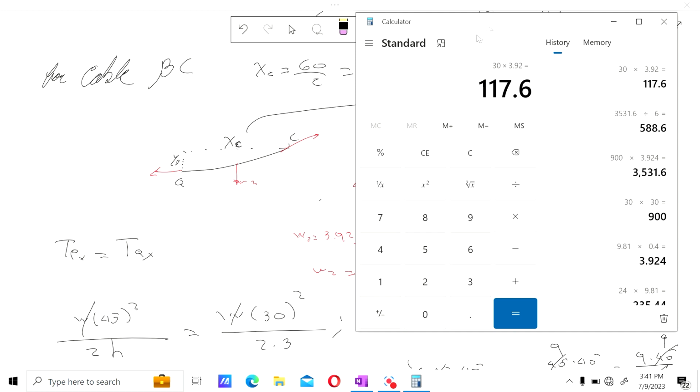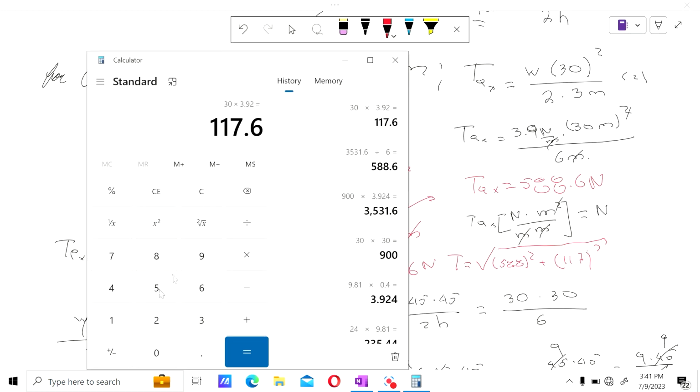Okay, so 588 times 588 equals 345,744. And 117 times 117 equals 13,689.